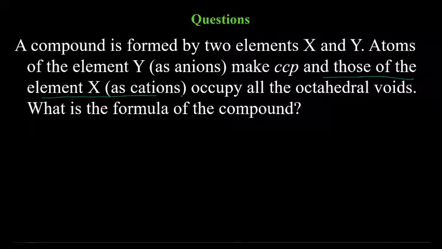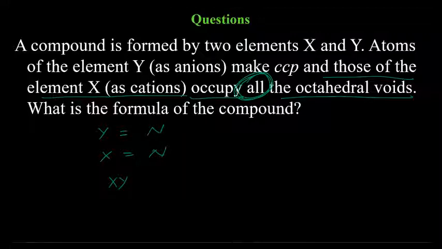Those of the element X occupy all the octahedral voids. So Y atoms n, X atoms n, formula XY. Ratio n is to n, that is 1 is to 1. XY. Yes, correct.